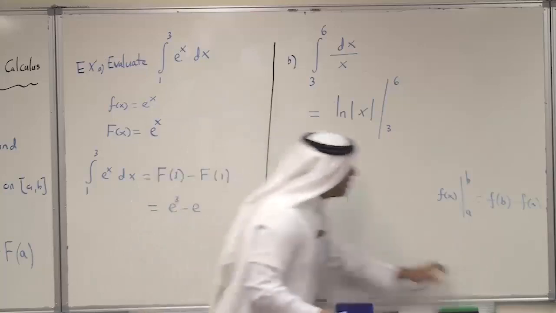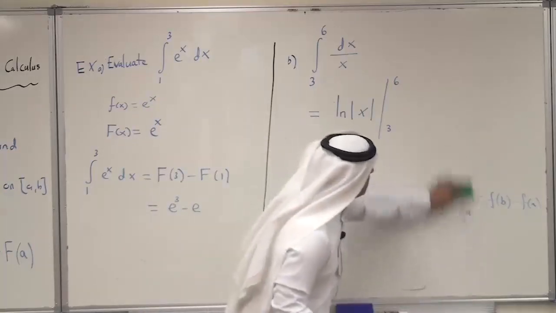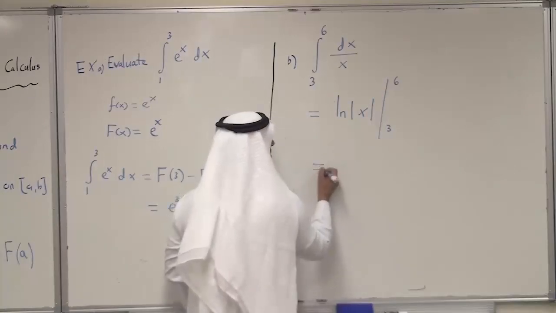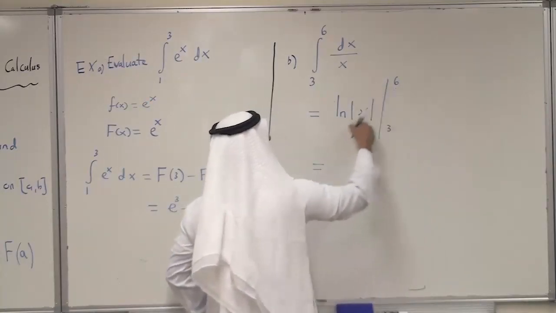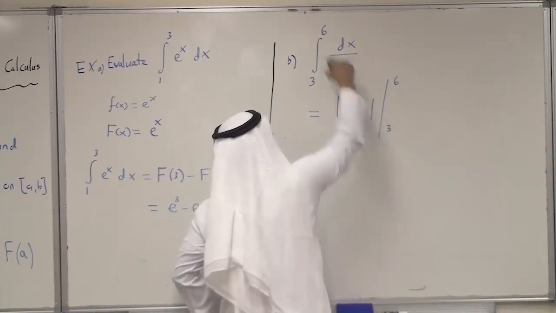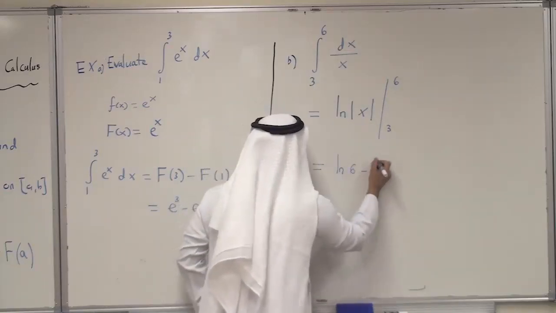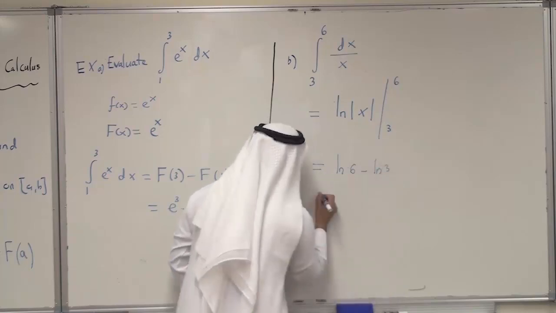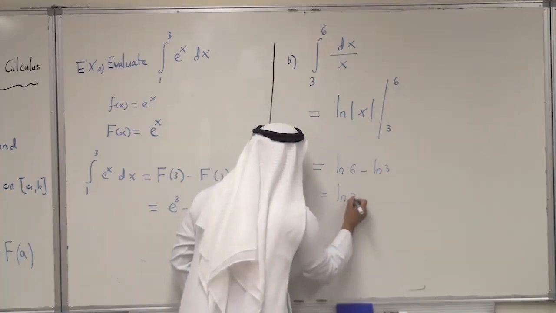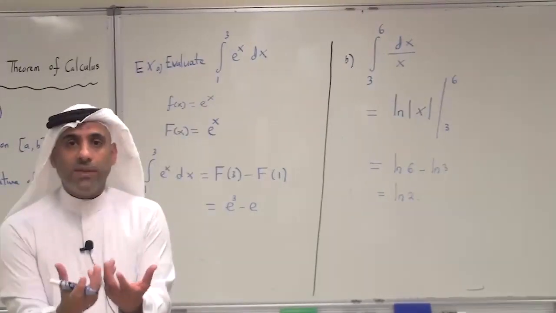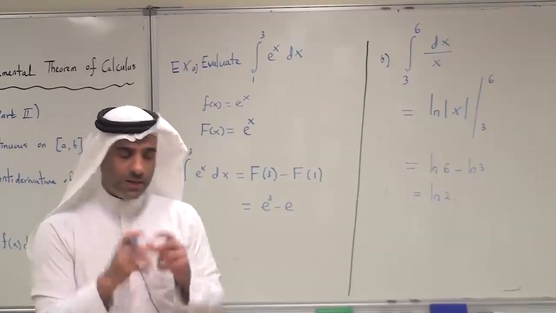So using this notation, the fundamental theorem of calculus says you just evaluate the antiderivative at the endpoints, the antiderivative of 1 over x. That will give you ln of 6 minus ln of 3, which is simply equal to ln of 2. Now we feel the simplicity of these problems because of the fundamental theorem of calculus.